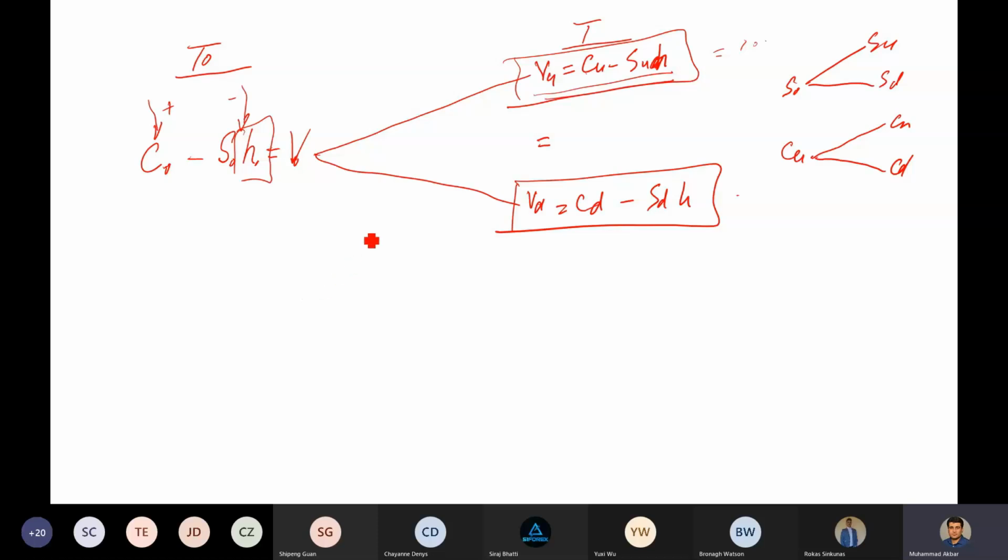Remember, what did I say in week 2, week 3, and even week 1? I said that whenever you know the future payoff with certainty, such a portfolio is a risk-free investment.